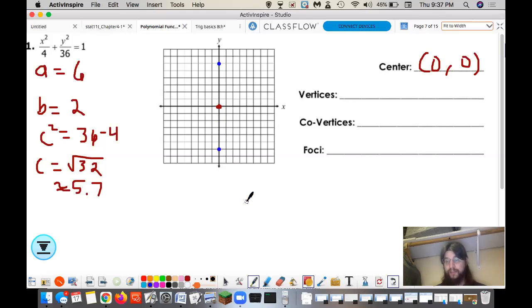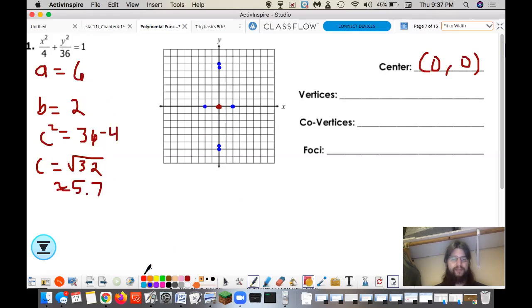Those are my vertices. Remember, on the major axis, you have your vertices. My co-vertices will be 2 units from my center. Those are my co-vertices on my minor axis. My foci are always on my major axis. So 5.5, that's right below here, right below there.